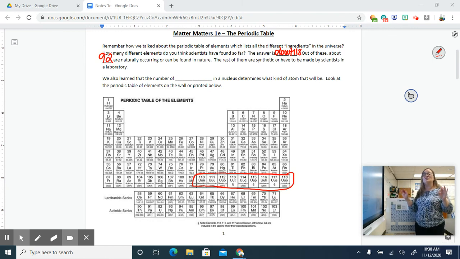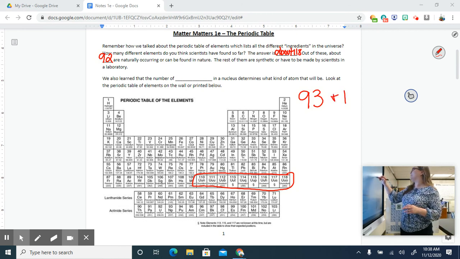They're also super, super heavy. The masses of these are insane as compared to other smaller atoms. So everything from 92 plus, well, we should say 93 and up, because 92 is naturally occurring. Uranium, number 92, is naturally occurring, but everything after that is not.